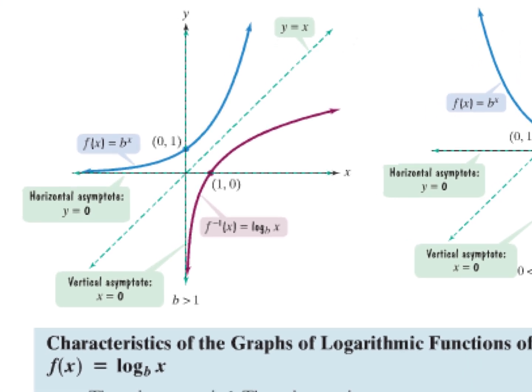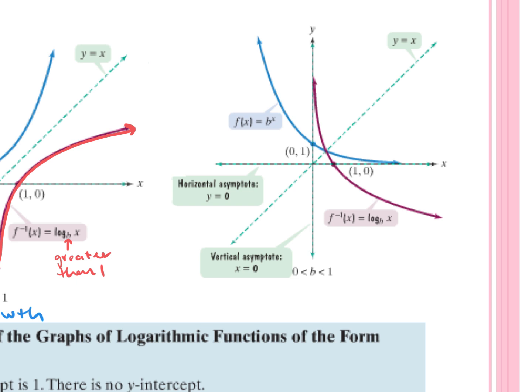So on the next page, we have an example. If we have exponential growth, so in our exponential graph, if our base was greater than 1, this would be exponential growth. When we flip it and the x's become y's and y's become x, our graph would look like this. So this is our log graph when b is greater than 1. Now, if we have exponential decay, so meaning our b is in between 0 and 1, our graph would look like this.